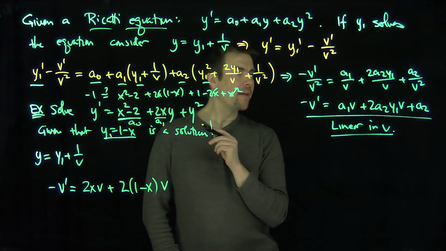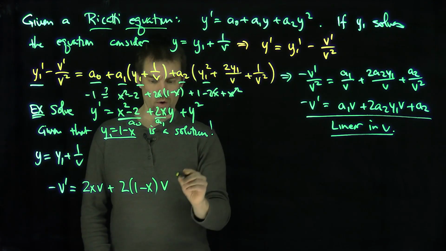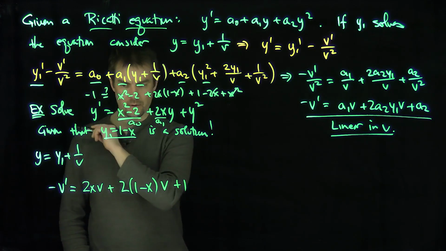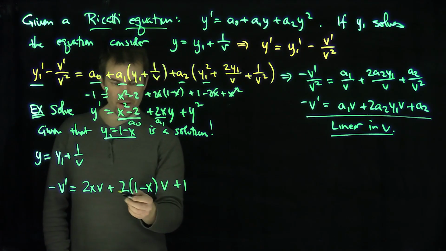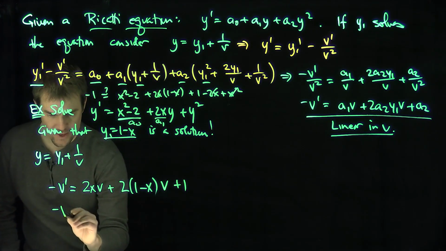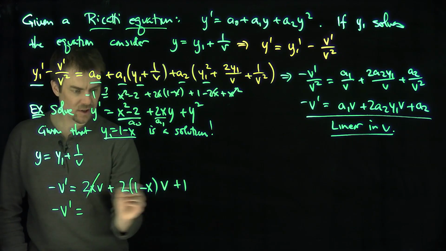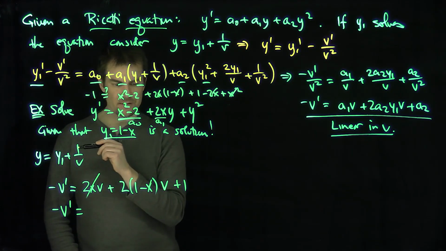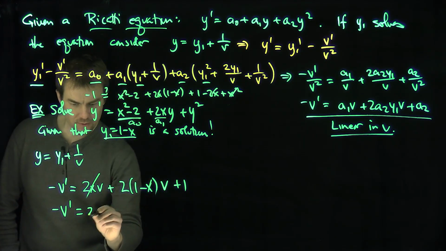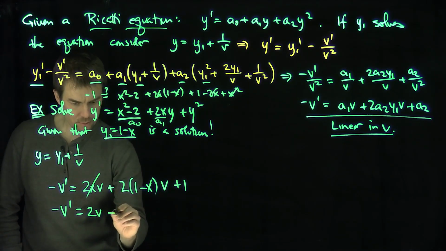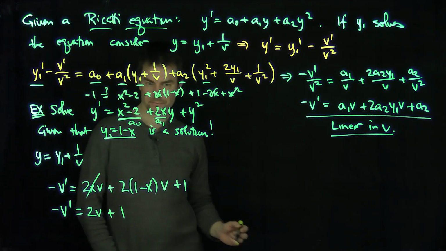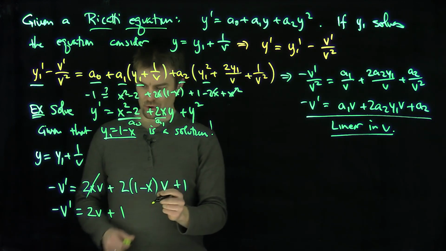And then finally a2 is just 1, so I'm going to have a plus 1 over here. Notice that the 2xv is going to cancel out, so this equation is really negative v prime is equal to 2v plus 1. Great. So let's solve this linear equation over here.